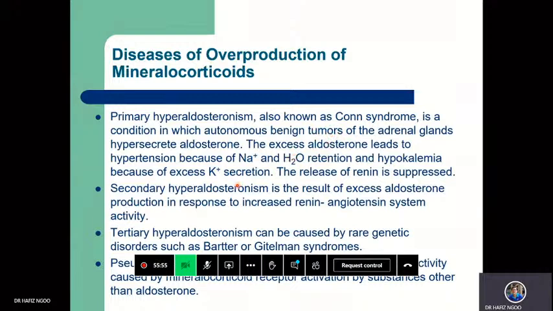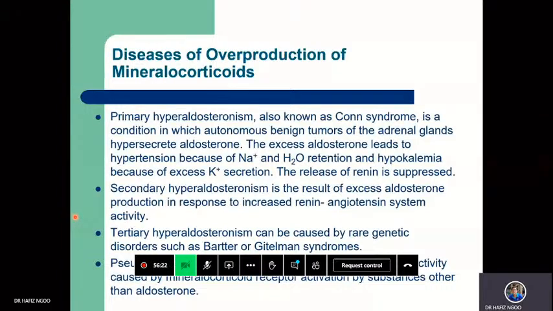Then the second one, secondary hyperaldosteronism, results in excess aldosterone production in response to renin-angiotensin system activity, which means there is increased renin-angiotensin system activity somehow stimulated by probably sympathetic activation. A lot of renin and angiotensin being produced allows hyperaldosteronism.